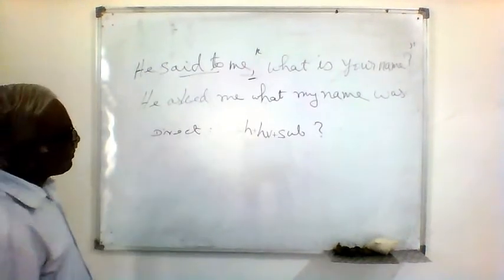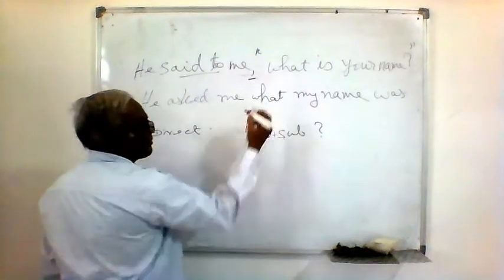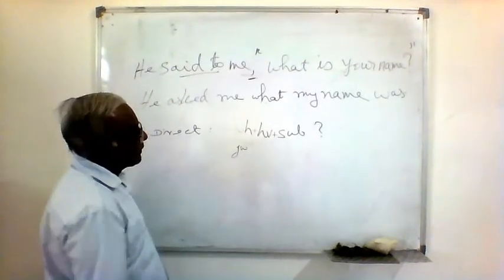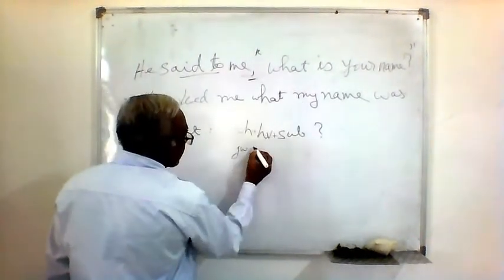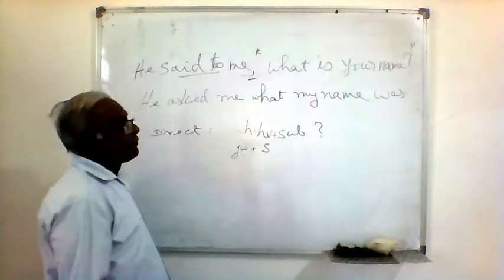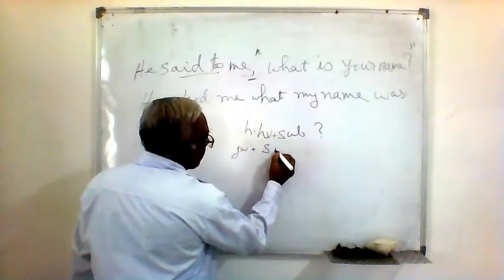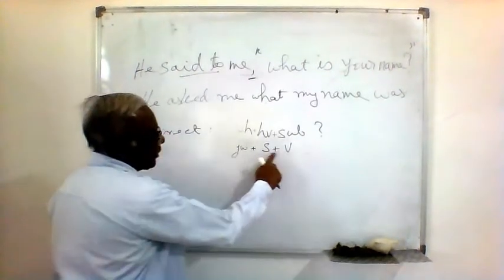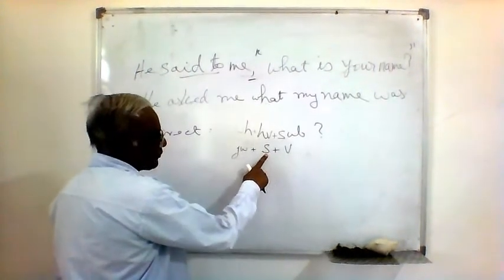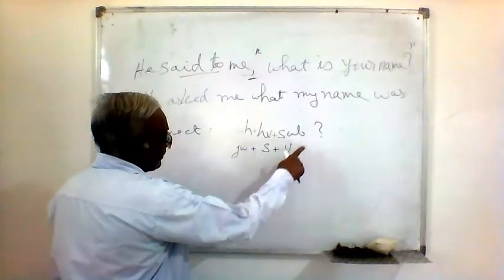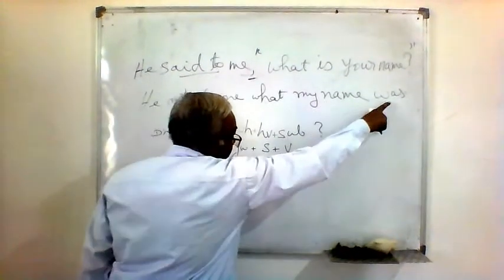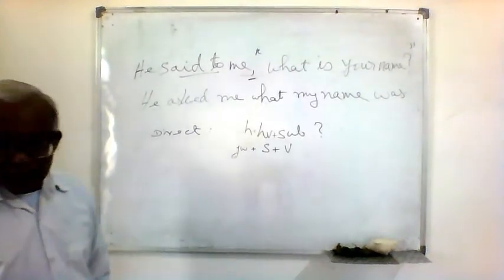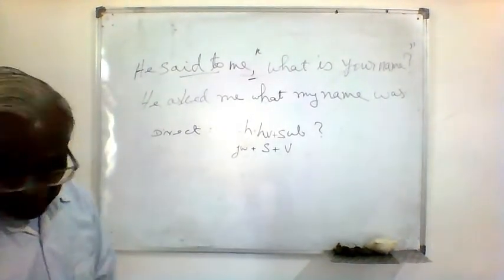Whereas in the reported speech, the "what" becomes the joining word followed by subject, and then the verb. This is the structure of the normal sentence. Subject comes first, verb comes afterwards. This is an important change that you will have to keep in mind.